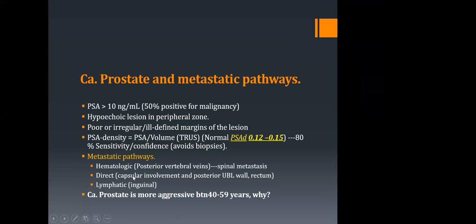If you find it irregular and you have a lesion with irregular margins, then this malignancy is beginning to invade other areas. It is going through the capsule, and usually it eats off either the posterior urinary bladder wall, or it even exceeds and goes to the rectum.